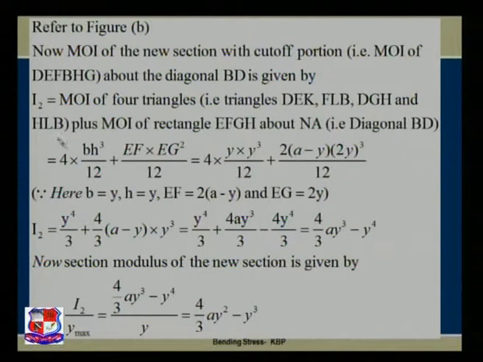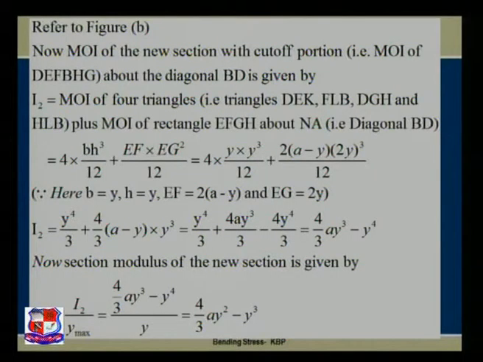Now, what is EF? EF is nothing but (A minus Y) twice, A minus Y into bracket 2y cube divided by 12. So if you're referring over here on this tabletop, just see over here, we know that this is a.